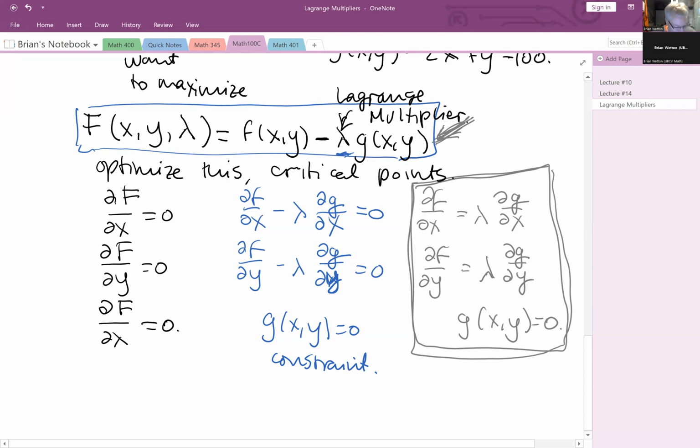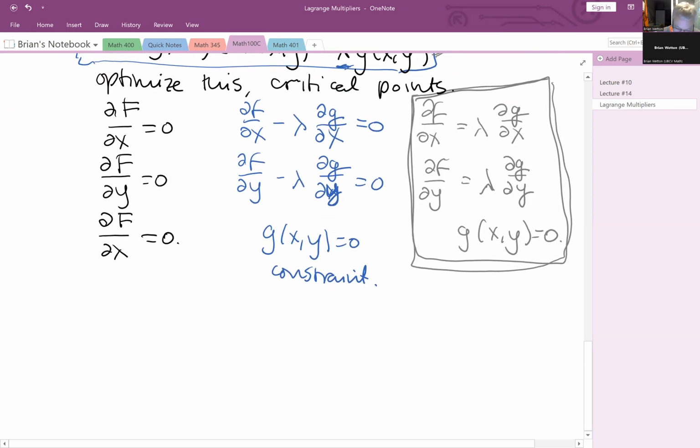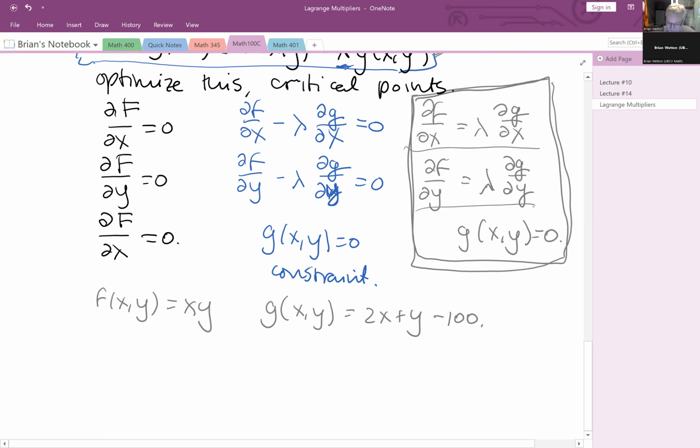Okay, well, let's see how that works out for our particular problem. Remember, I've got f of x and y is x times y, and g of x and y is 2x plus y minus 100. So I'm going to use this form.